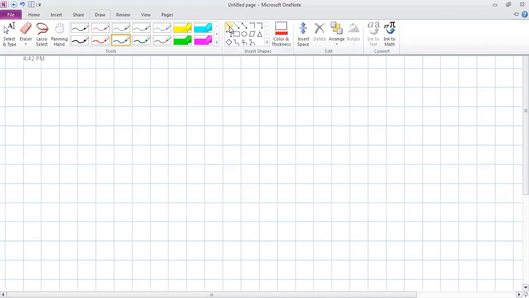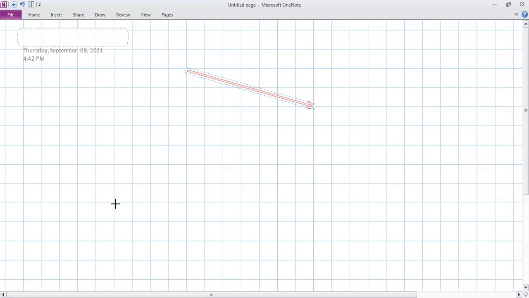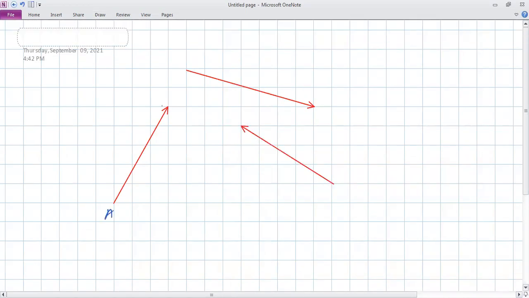Let's say I have this vector, and another vector I'm going to take, this vector and this vector. Now these are vectors: this is vector AB, this is vector PQ, this is vector CD.